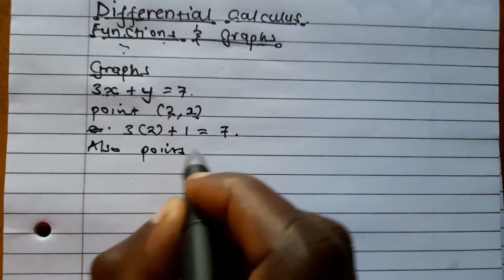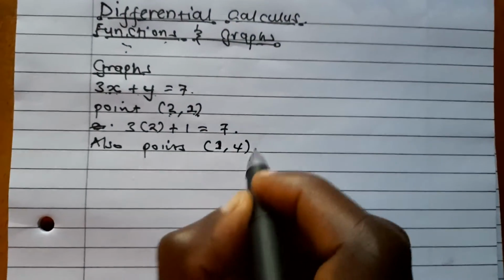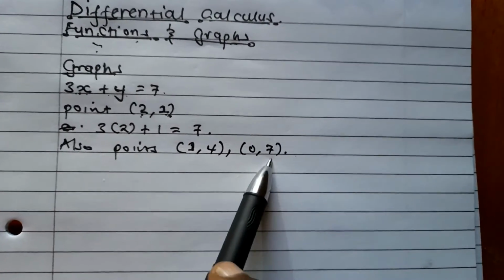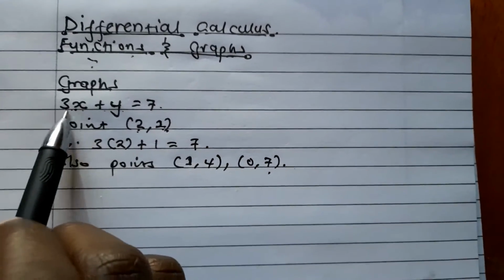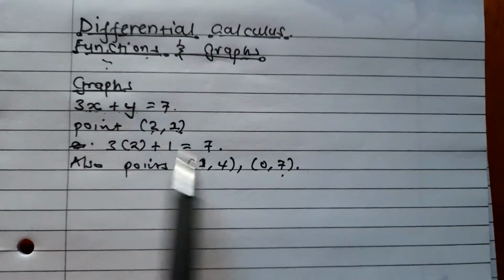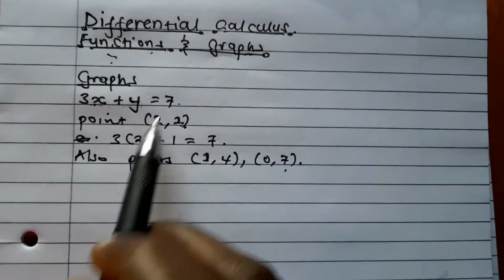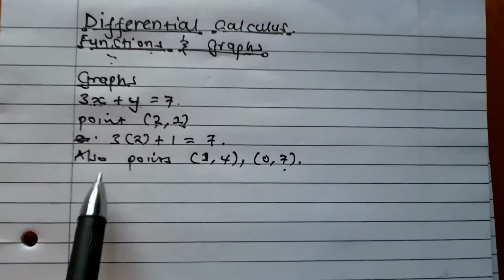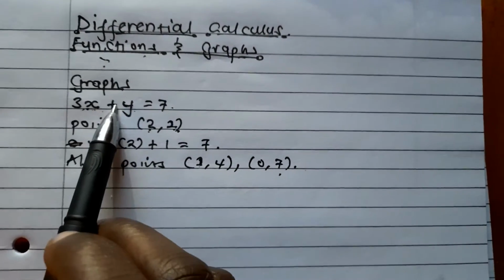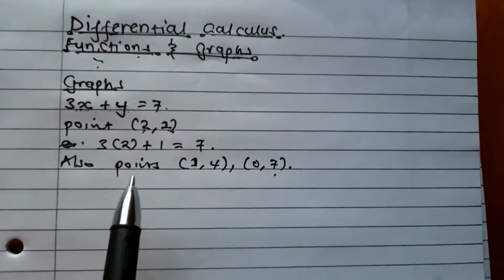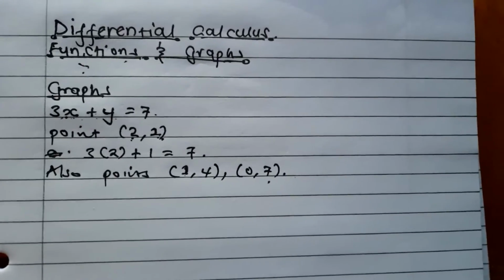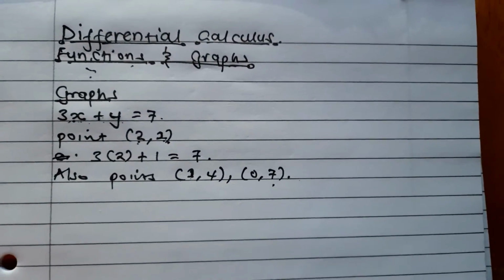Also, the points (1, 4) and (0, 7) are also solution points to the equation 3x plus y is equal to 7, because when I substitute the value of x and the value of y, I'm getting the solution as 7. So the set of solution points defines the graph of that equation.